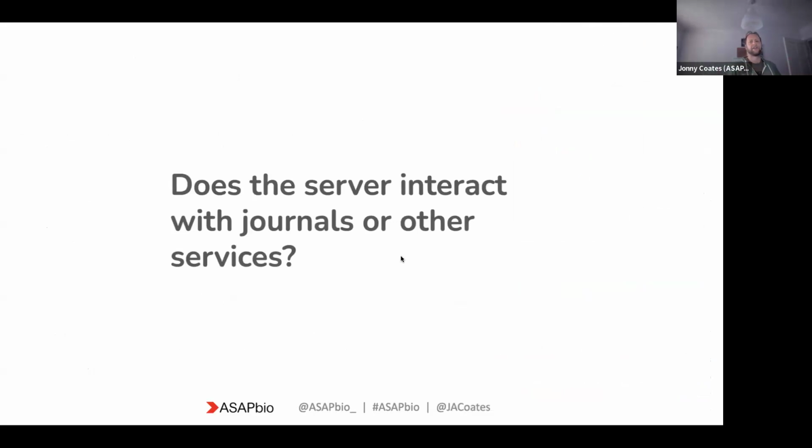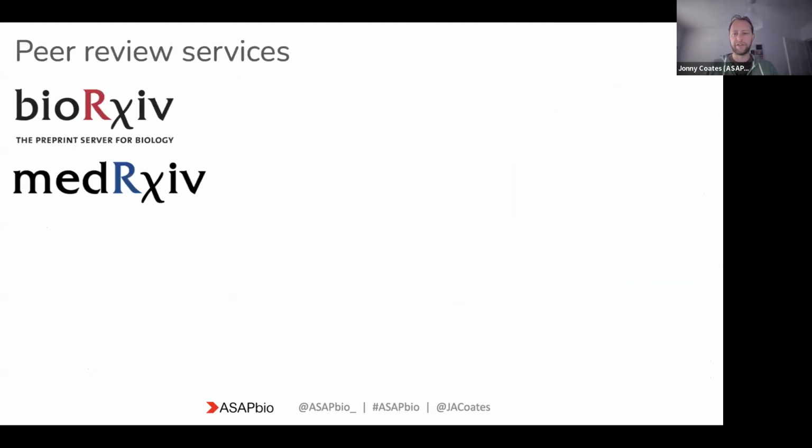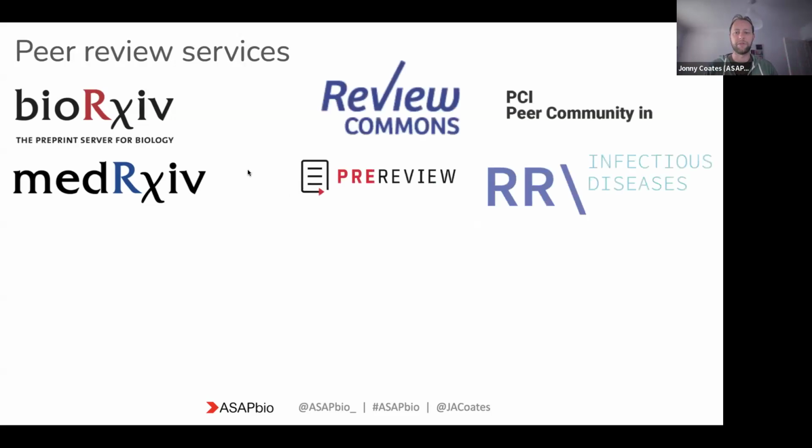Another question you should be asking yourself is, does the server interact with journals or other services? Which is the point I've just made. So most big, high-quality servers will interact with preprint peer review services. I'm just using bioRxiv and medRxiv here as an example. These interact with a whole bunch of services.